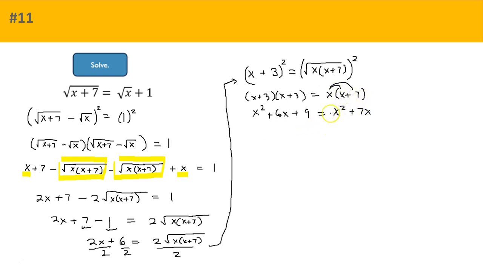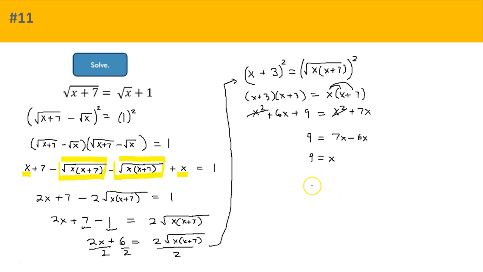Okay, if we subtract x squared on both sides, we'll see that these x squareds cancel. I'm going to move the 6x over to the right side, so we'll have 9 is equal to 7x minus 6x. So therefore 9 is equal to x, or x is equal to 9.